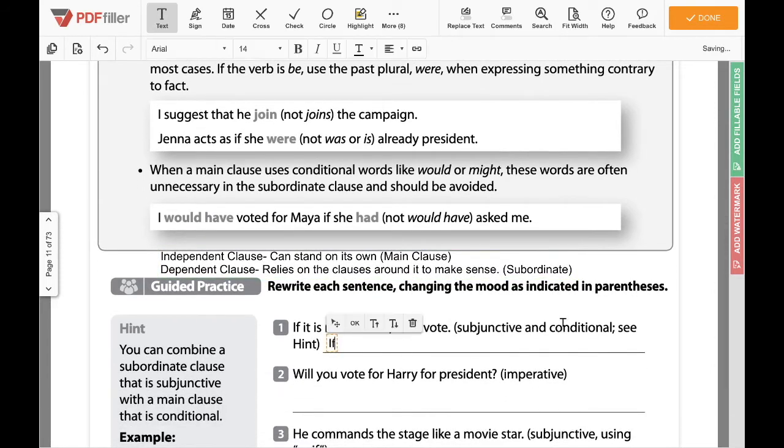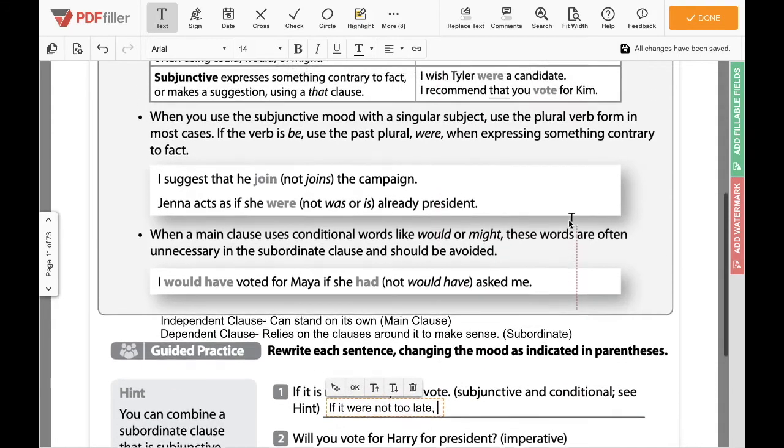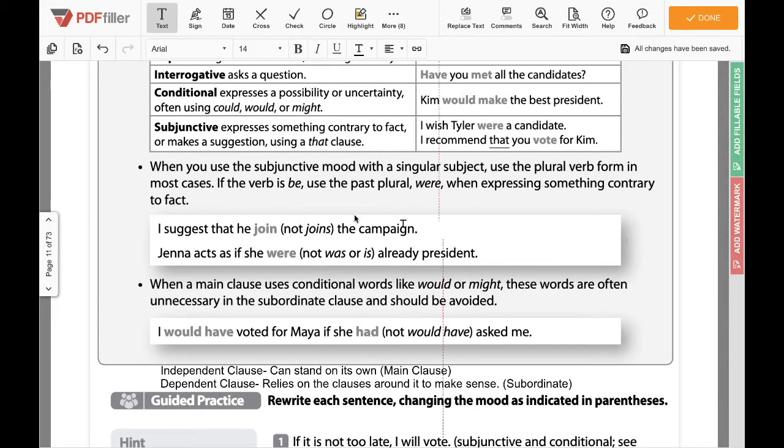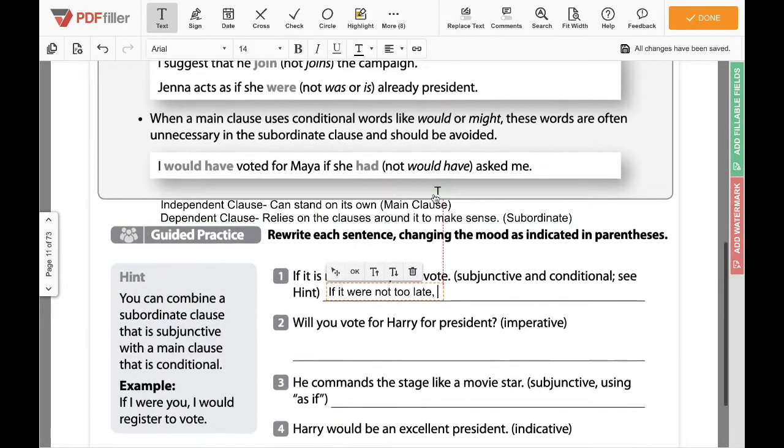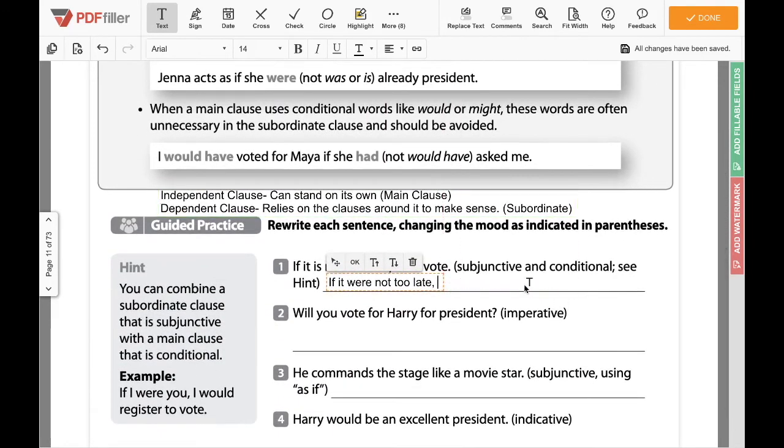So we know it begins with if it were not too late, and we're combining the two, so we do a comma, and it says I will vote. Well, if we're making it past tense, then we know when it says I will vote, will is talking about the future. We need to be talking about the past. So what is the past tense of will? Would. So it's I would vote.